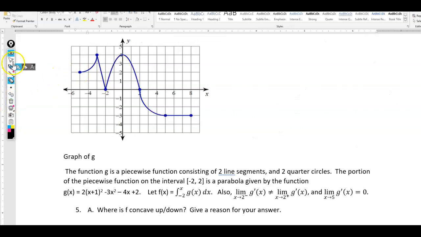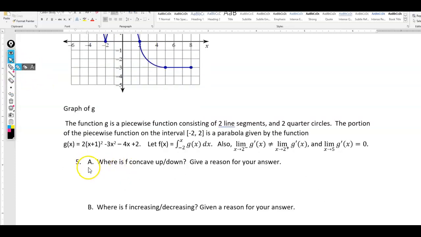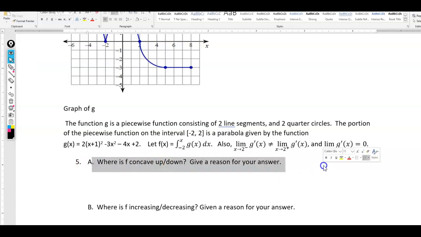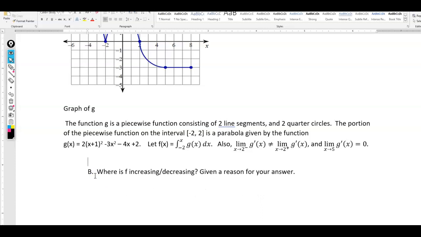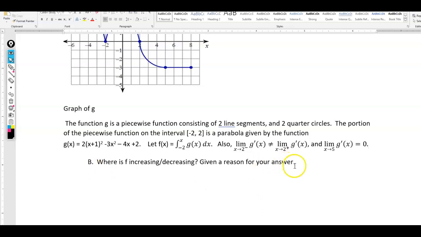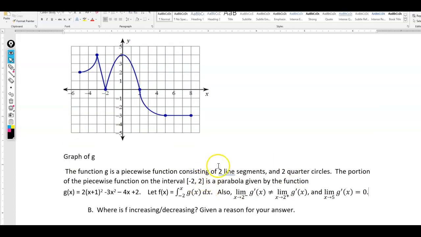Let's go ahead and, how would you be graded on this one? Well, actually on your guys' question, once again, it does two things at once. It asks you about concavity, but it also asks you about where F is increasing and decreasing, which is a different question.